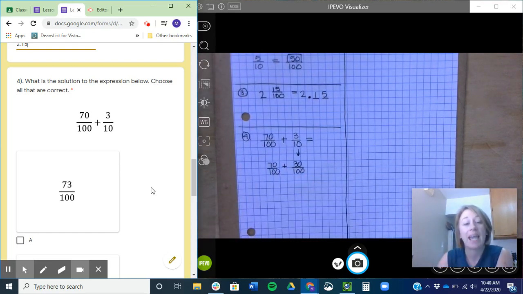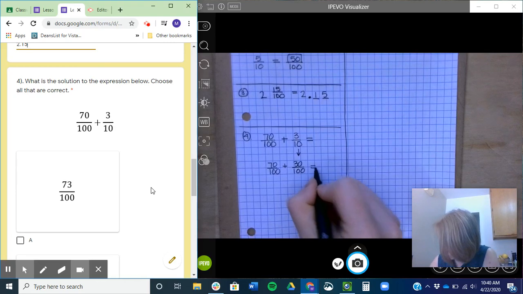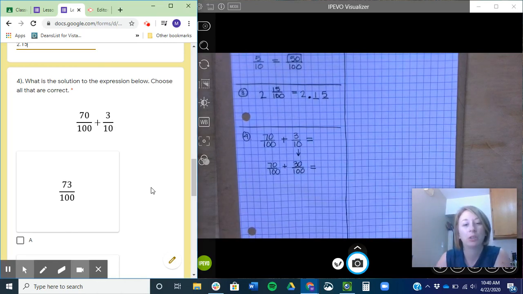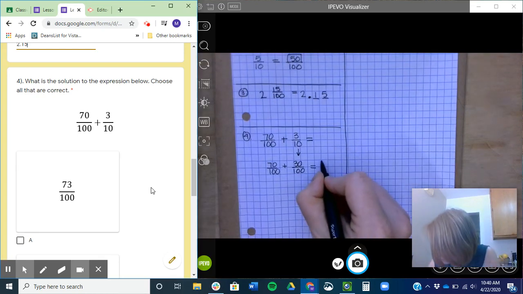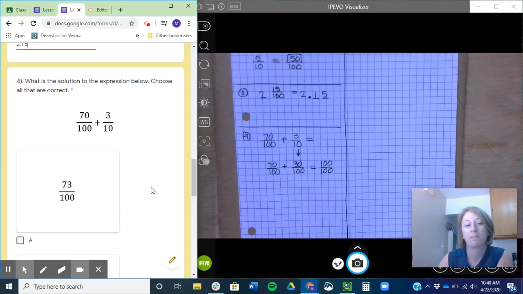Now that we have the same denominators, we can add our fractions together. When we add our fractions together, do we also add the denominators? No, we don't add the denominators because the denominators represent the size. Well, 71 hundredths plus 31 hundredths would be 100 100ths. That's one of our answers.